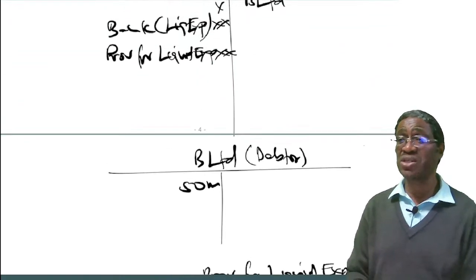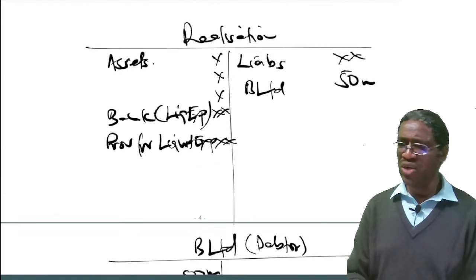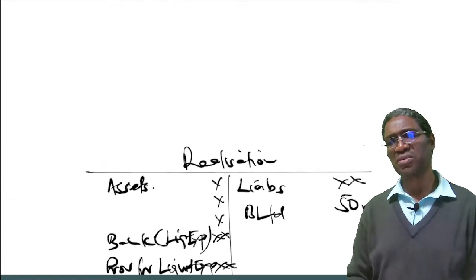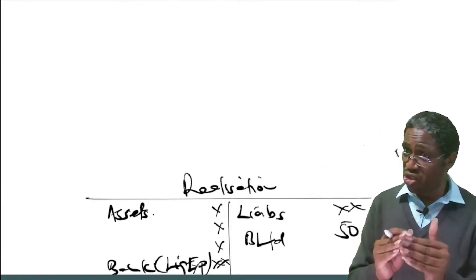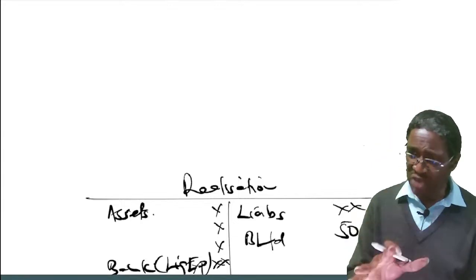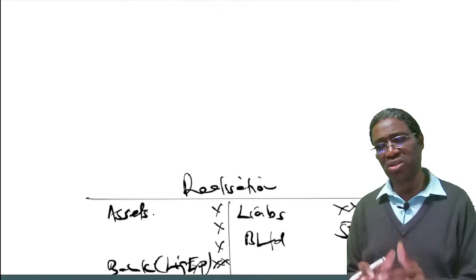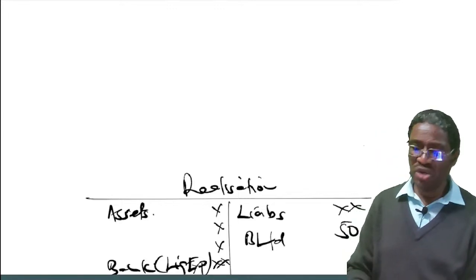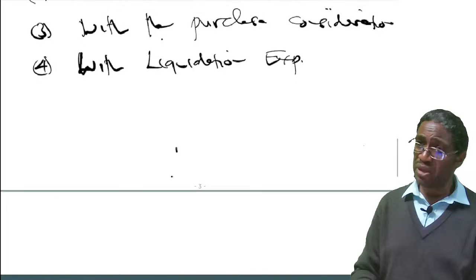That is our step number 4, which says with the liquidation expenses, if paid, you will debit realization, credit bank. If incurred but not paid, you still debit realization and you credit provision for liquidation expense. Good. Let me go to step number 5 now.